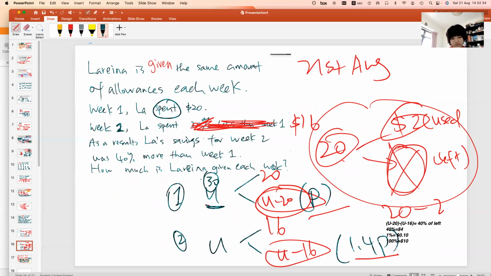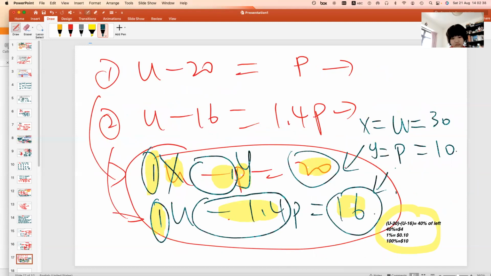Okay, so now back to your manual method. Can you see here? So 40% is 4, so 1% is 0.1, 100% is $10. So P equals to 10. Wait, you don't erase.